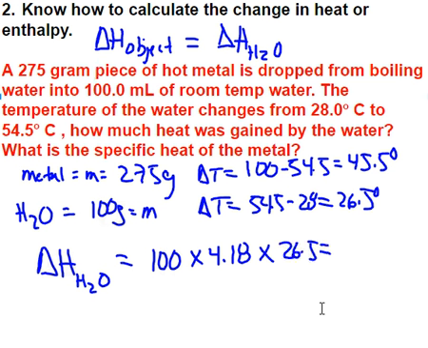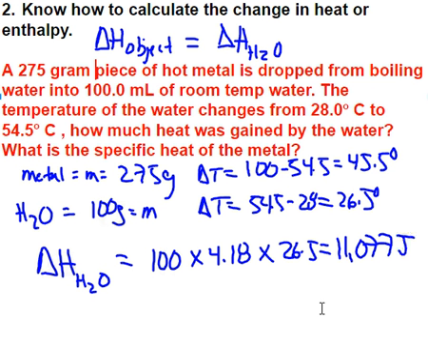So for the water, delta H is 11,077. What's the unit for this? When you calculate MCAT, what unit's your heat in? It's in joules. It's not kilojoules. It's just joules.